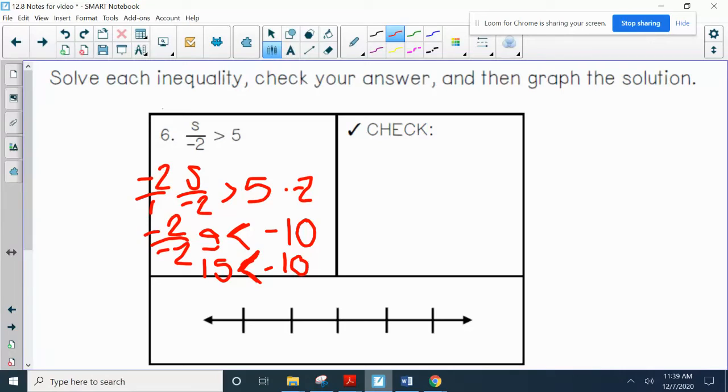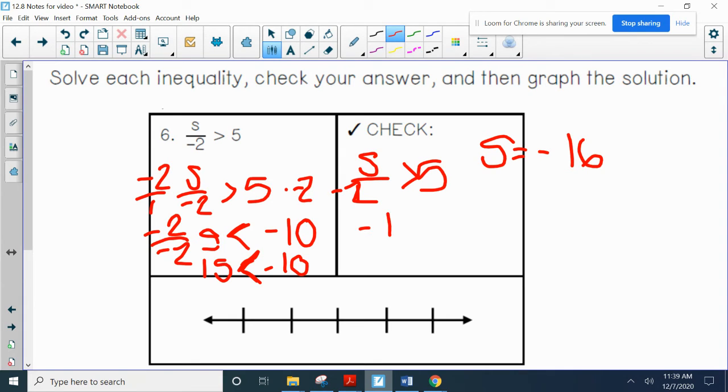So let's go ahead. What is a number less than negative 10? If I'm $10 in debt, I want to be more in the hole. Let's say I'm $15 in debt. Well, let's say $16. So we have S divided by negative 2 is greater than 5. Let's say S is negative 16.